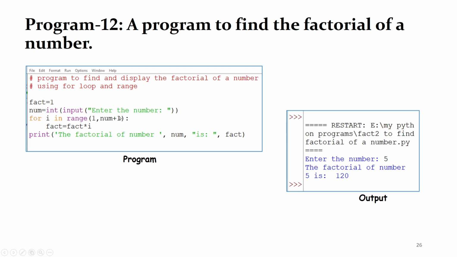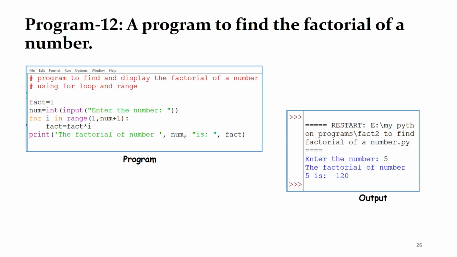In the first iteration, the value of i is 1 and the factorial value is also 1. So fact will be fact into i, that is 1. It will remain 1. Then in the next iteration, the value of i became 2.